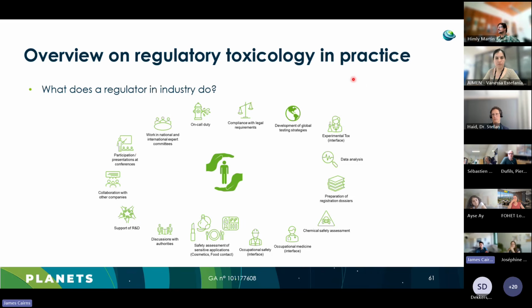But this is not only applicable to industry, but also to toxicologists at ECHA. So the toxicologist himself or herself has a wide range of tasks. Obviously the documents submitted to different authorities have to be compliant with legal requirements.